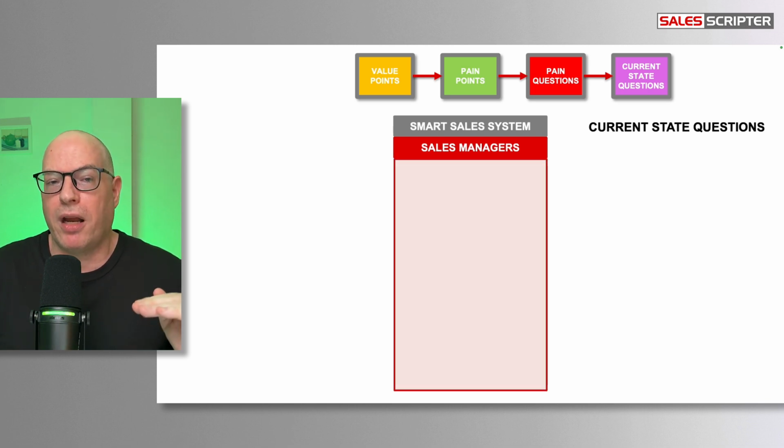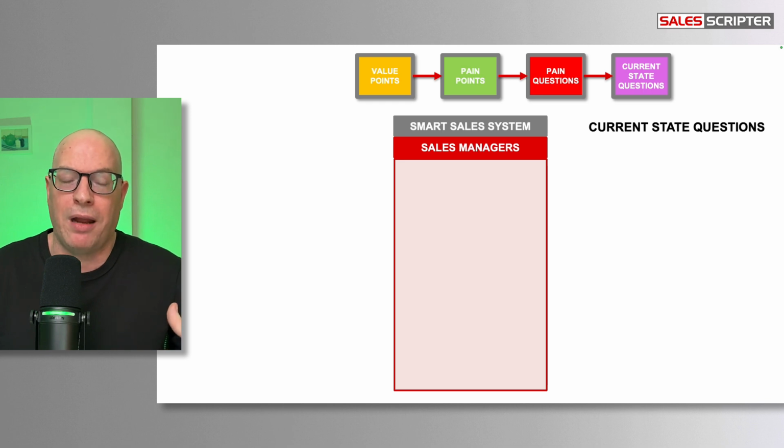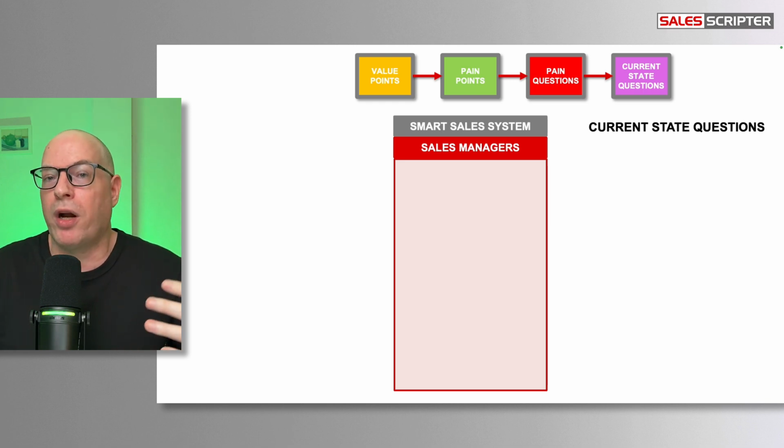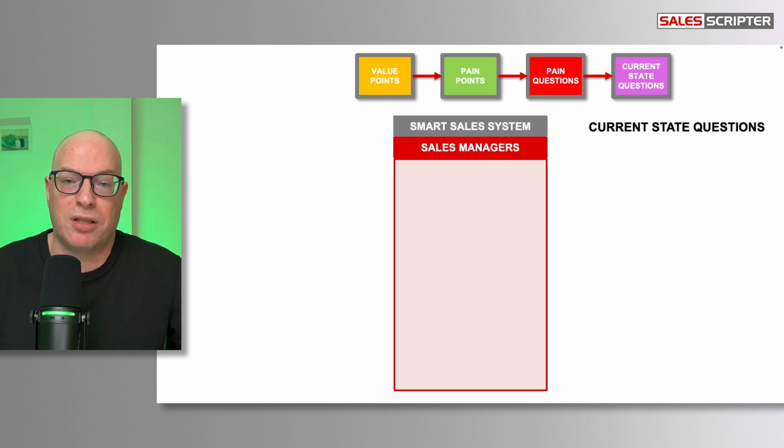The primary function of current state questions is to learn what the prospect is doing, but certainly your current state questions can also help to uncover pain, meaning you might ask, hey, what are you using for this particular system or process? That's not a pain question, but if the prospect says we're not using anything, or we're using a very old legacy system, then that answer tells you there's pain. So these can also help you to find pain, and get the conversation centered around pain.